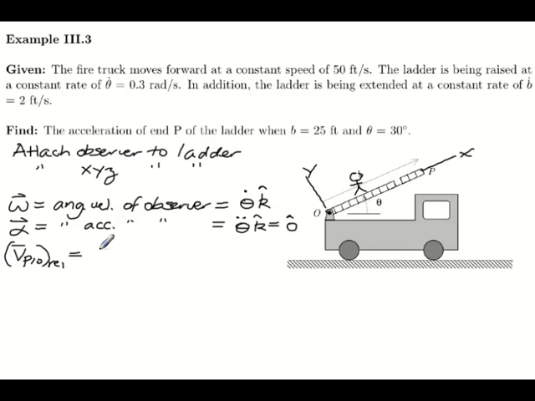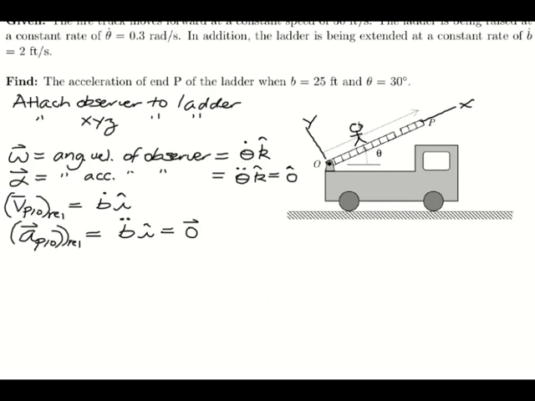So the extension is in the x direction. Its rate is b dot. And so again, the observer is looking at end P, and all they see is that extension, so that's b double dot i. Well, since b dot is a constant, then b double dot is a 0.